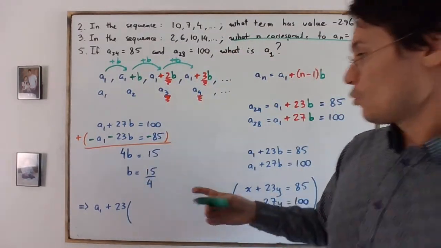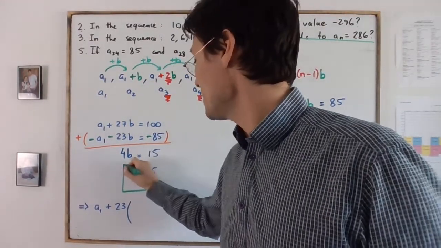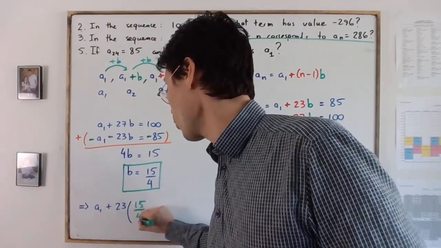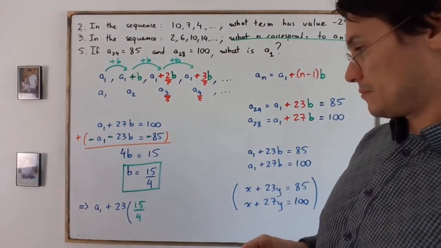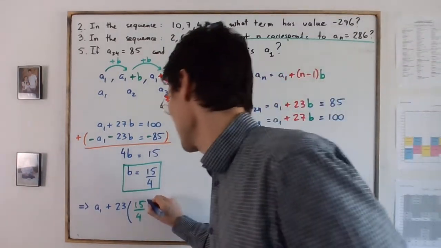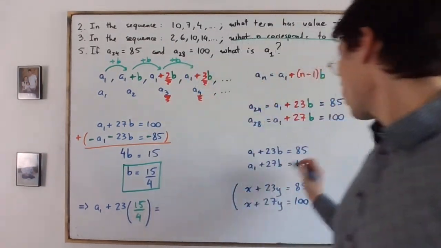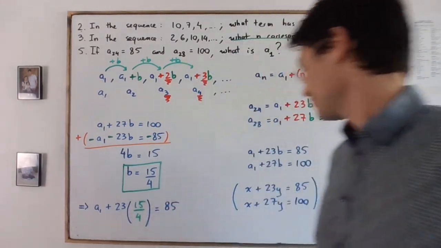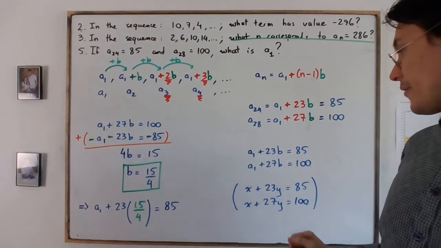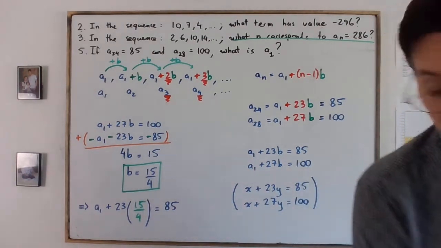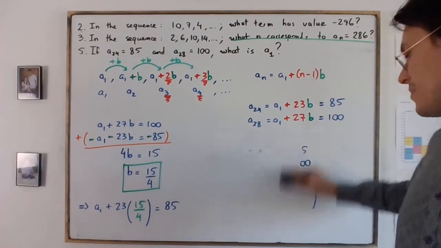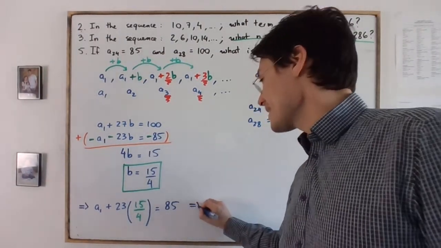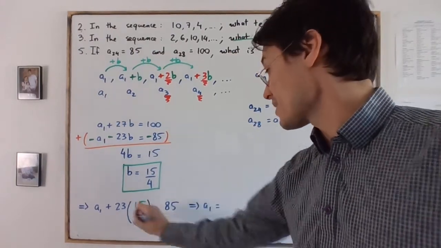Whatever you found here, this is your value of B. You put it in here, so that will be your 15 over 4, and that has to be equal to 85. Now I'm going to erase this and continue solving for A1. As you can see, there's not much to do. We just send this to the other side.